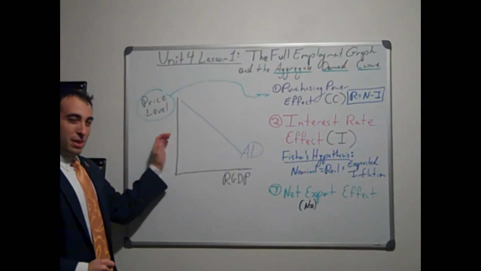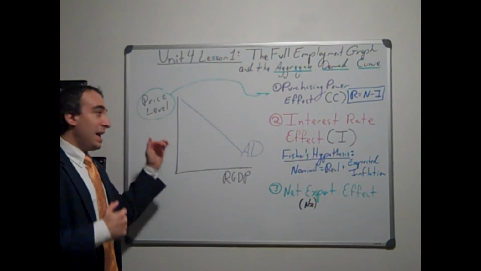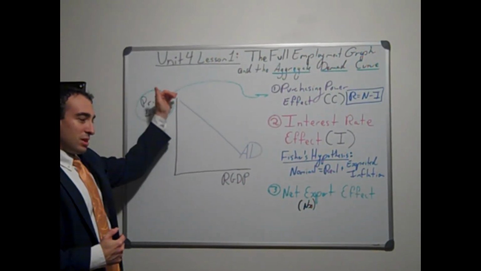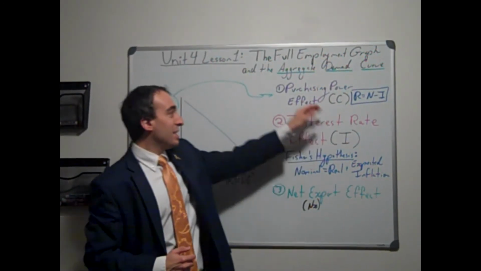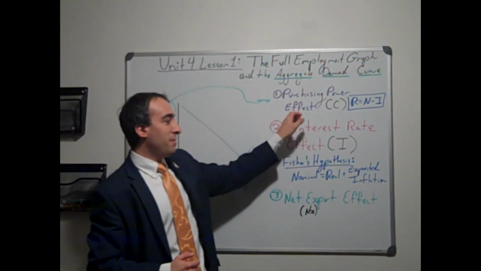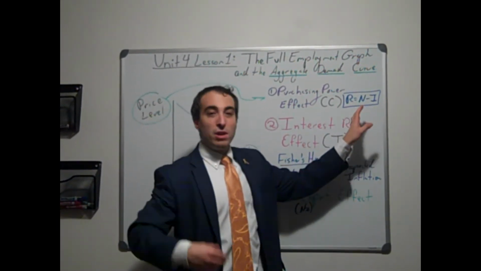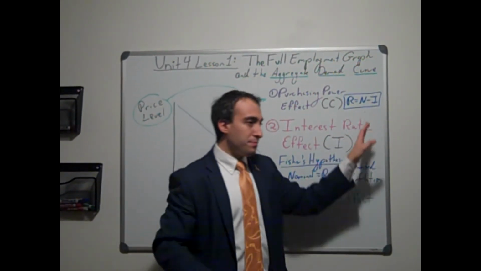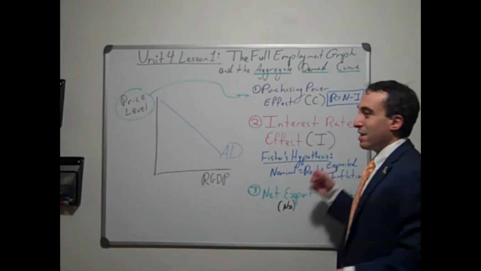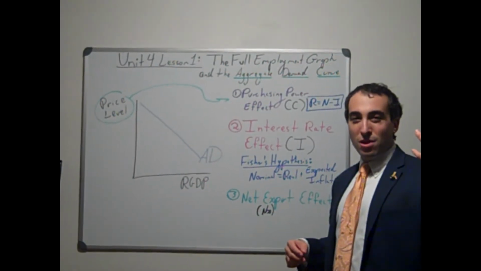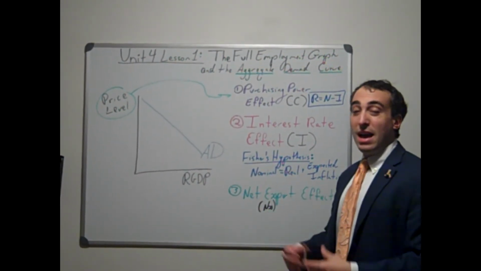So as the price level increases, as the CPI increases, as that inflation rate increases, the first effect it has is on consumer spending, that purchasing power effect. Remember, anything real: real income, real wage, real purchasing power, your real effects on fixed income and savings.